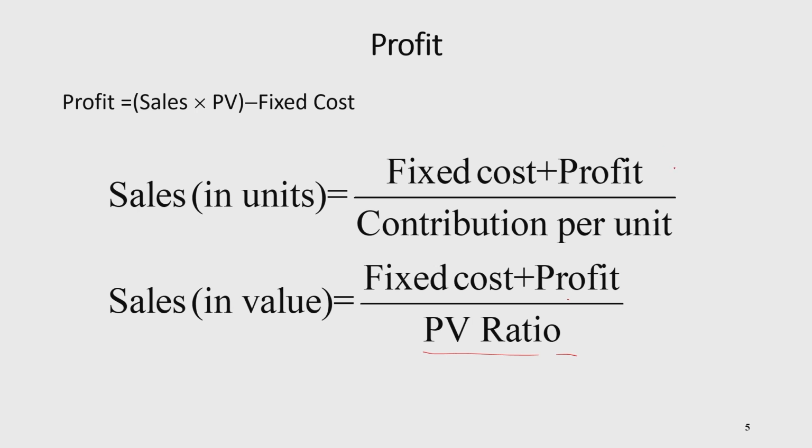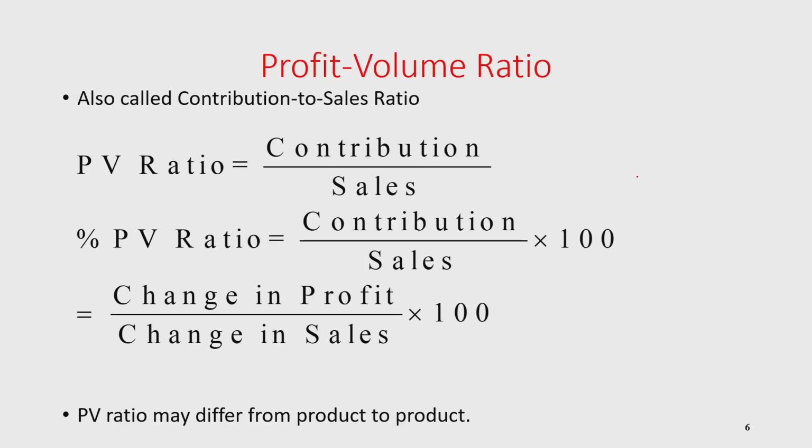So this is a general formula, and if I want to find out break even, that means make profit 0. Profit volume ratio is also called contribution to sales ratio. Profit volume ratio is equal to contribution divided by sales, and then percentage PV ratio.